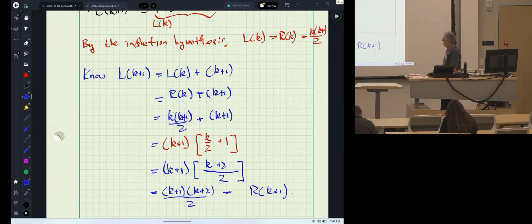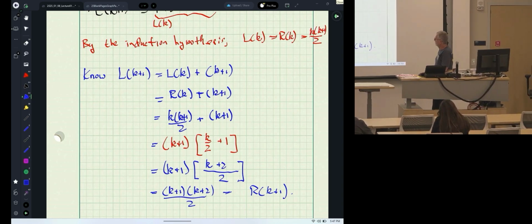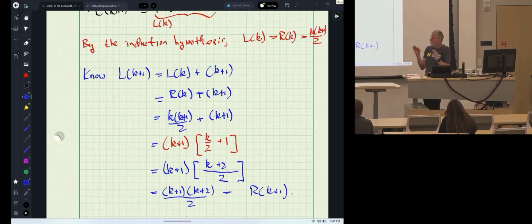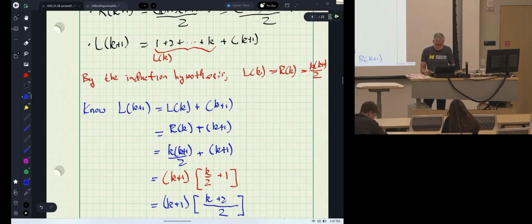Okay, so this is how typical proofs by induction work. And the hard part is setting up what is the statement about the counting numbers that I'm trying to show.